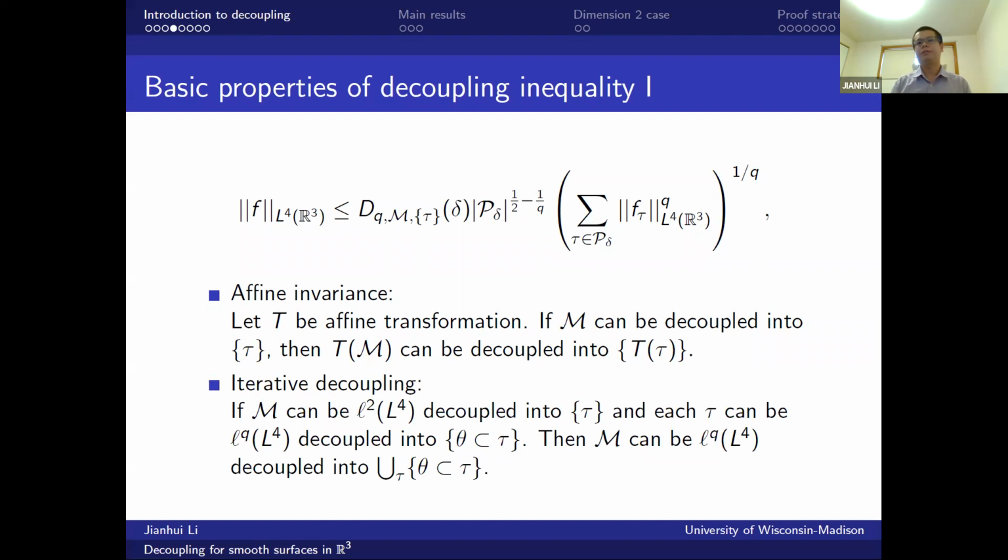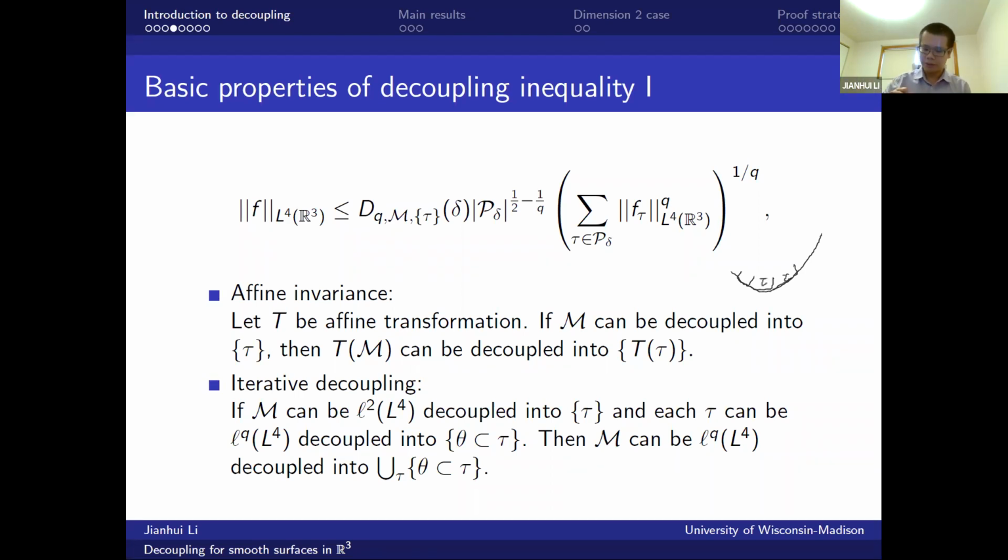The second important property is iterated decoupling. What does that mean? Look at this inequality. You start with f on the left-hand side, and you end with f tau on the right-hand side. Imagine if each tau can be further decoupled into even tinier caps. This is your tau.